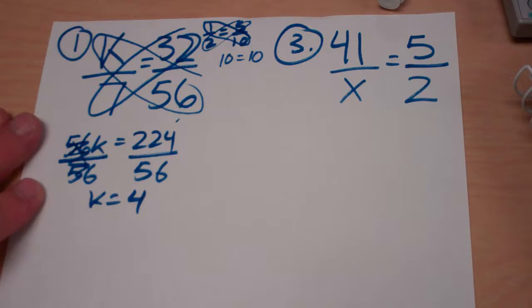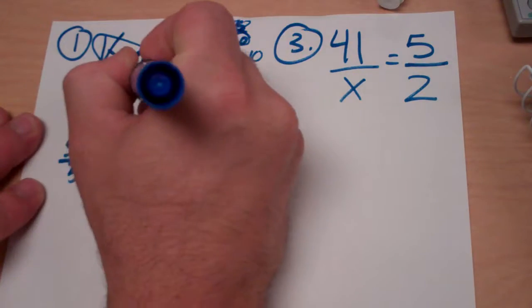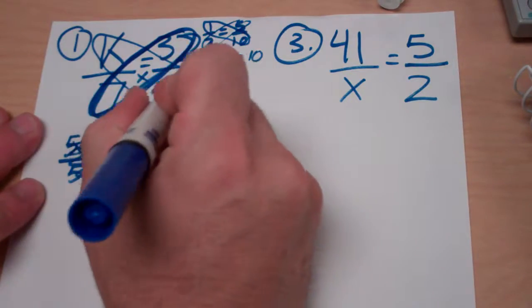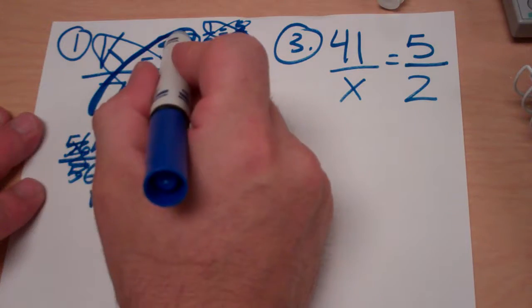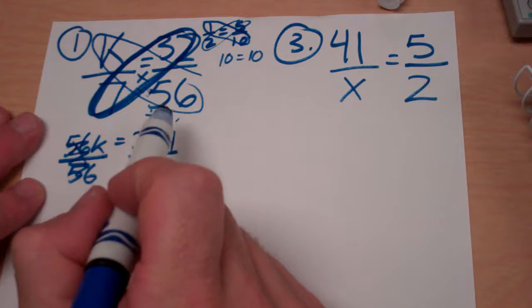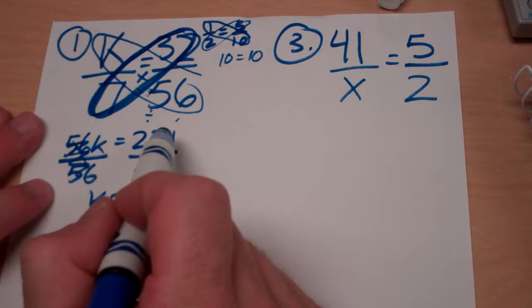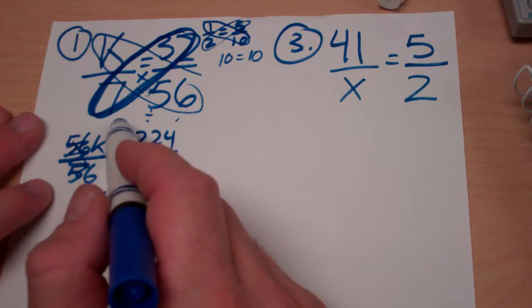Notice, a lot of times they don't want us to teach this shortcut, which is, you'll take the two that are diagonal from each other, multiply them, and then divide by the one that's diagonal from the unknown. They don't like us to teach that, cross, multiply, and divide. But you're really doing essentially the same thing, you're just doing it in a different order. So notice, we would be multiplying and dividing.